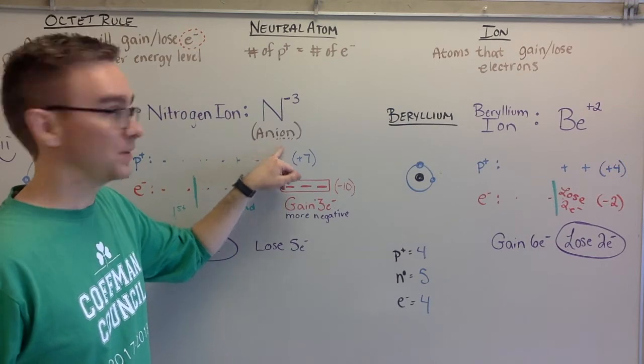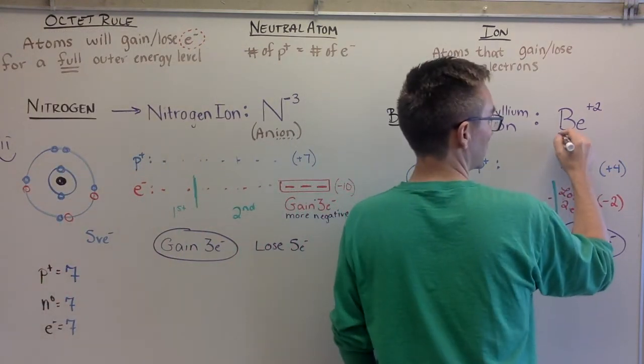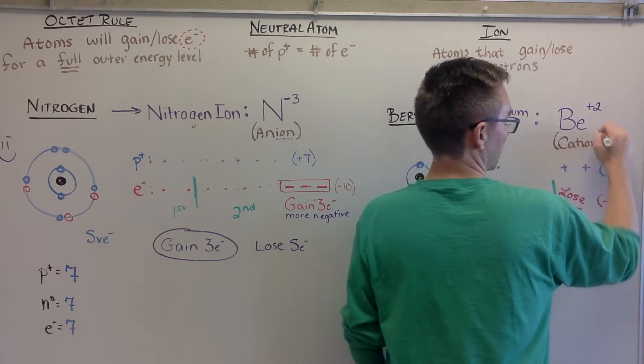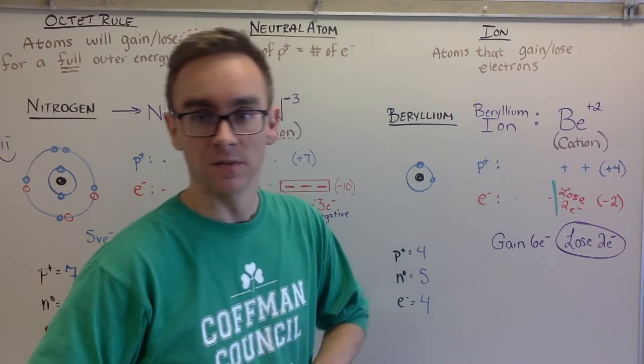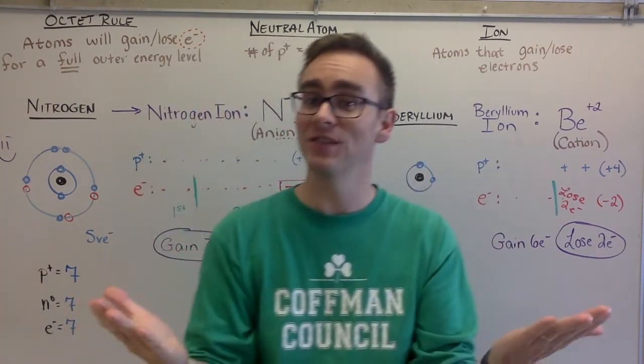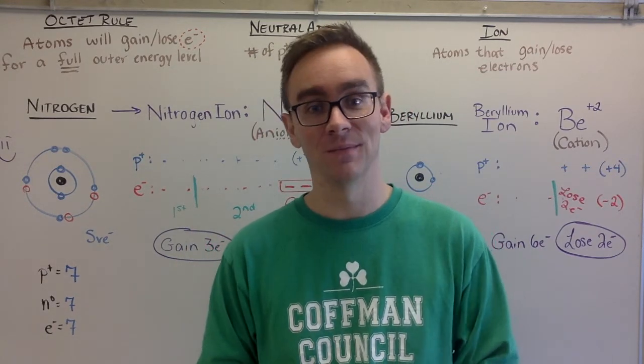Right? This one was called an anion because it's a negative ion. This one is called a cation. And it sounds stupid, but the easiest way to remember this, again, I know it sounds silly, but it's a way that really helps.